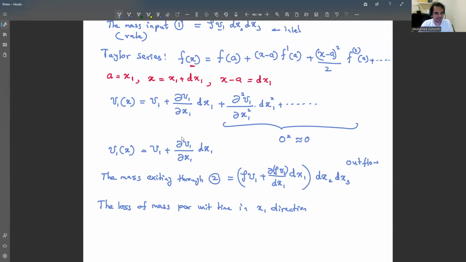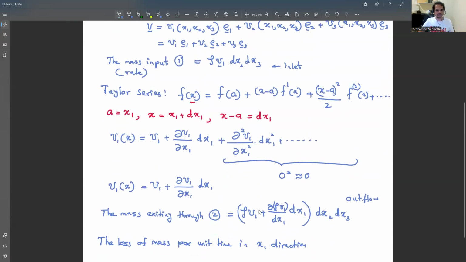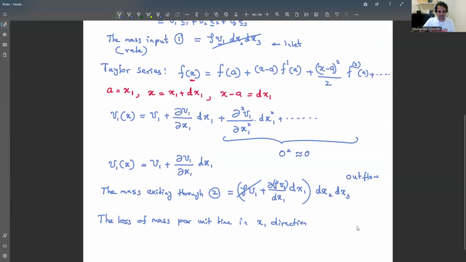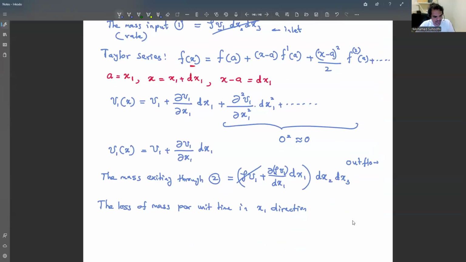So outlet minus inlet is my loss. When I do output minus input, this portion cancels out. I will end up with the remaining part, so the mass loss is only this one: dou rho v1 over dou x1 dx1, then dx2 dx3.